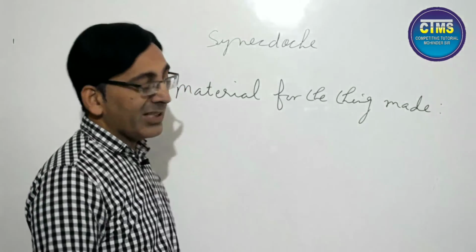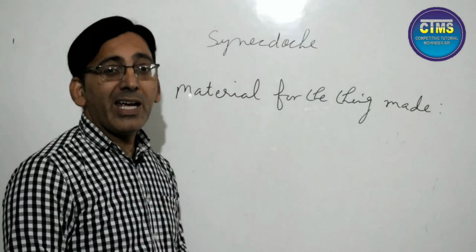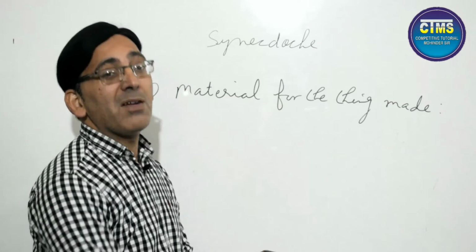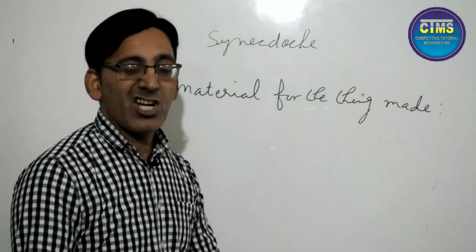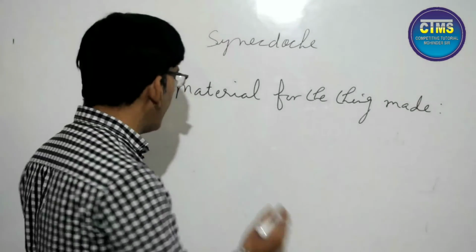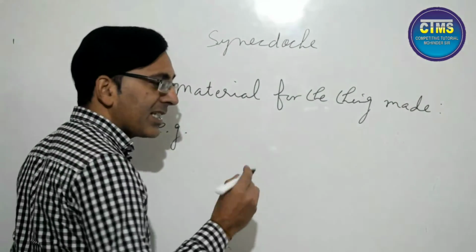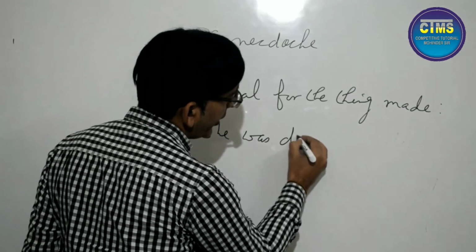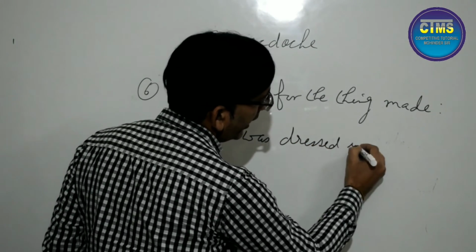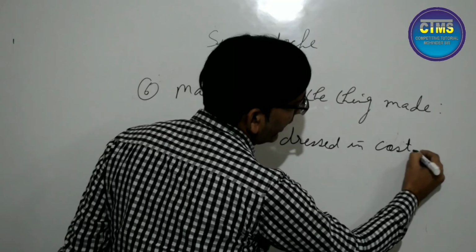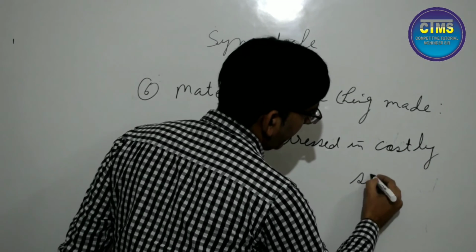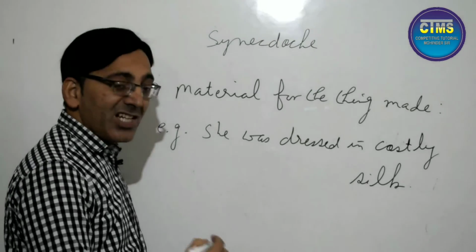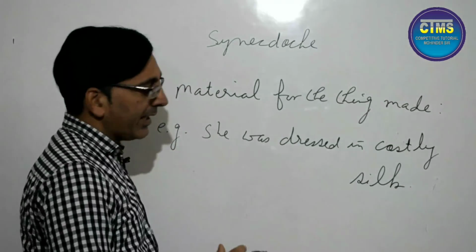So material for the thing made, or in other words, here we don't use the proper thing, instead we use the material out of which the thing is made. I want to give you an example. For example, she was dressed in costly silk. So where is Synecdoche?